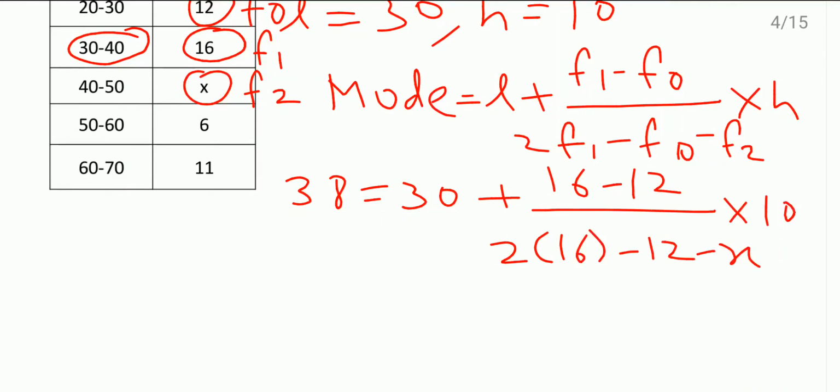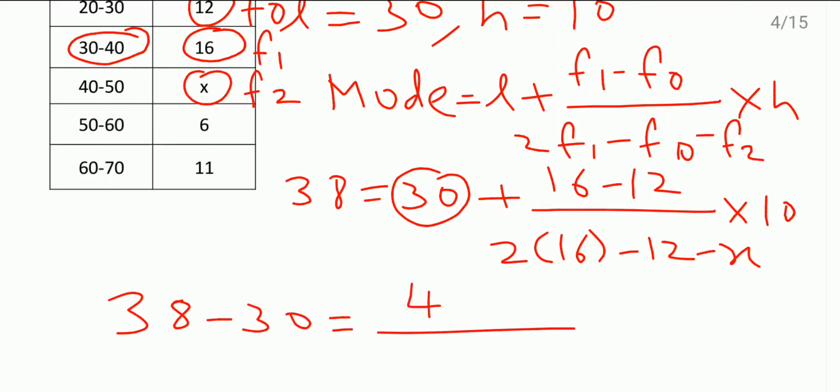Correct? Now this 30 we will send to the left hand side. So 38 minus 30, which is equal to 4 divided by 16 2s are 32, minus 12 minus x, into 10.